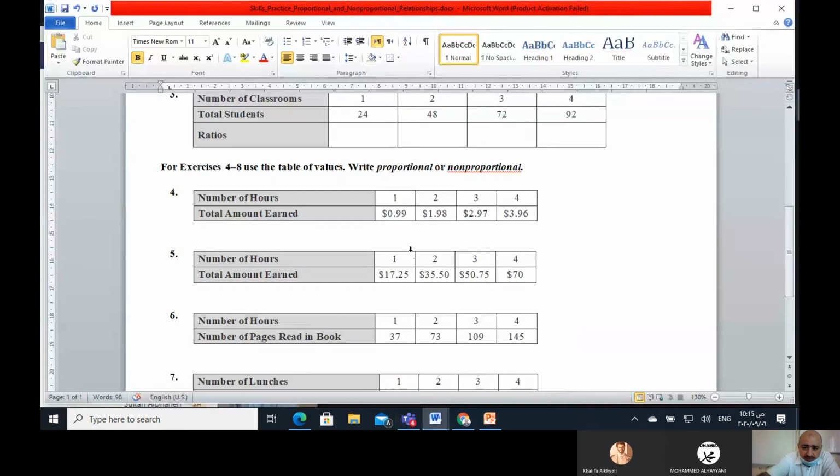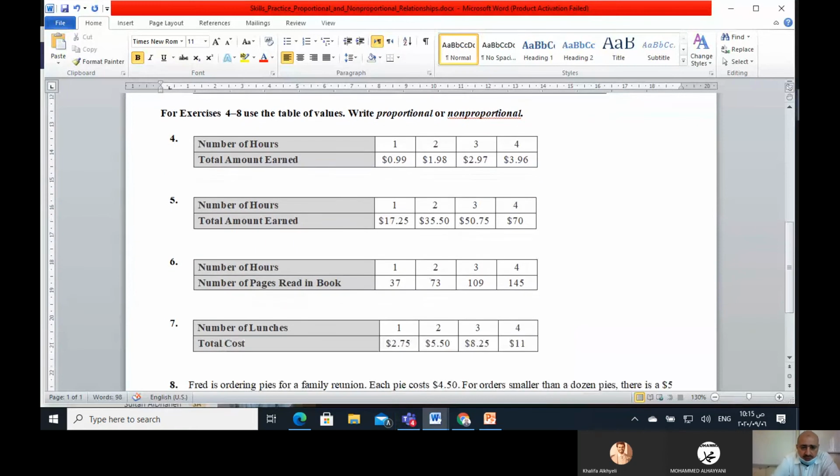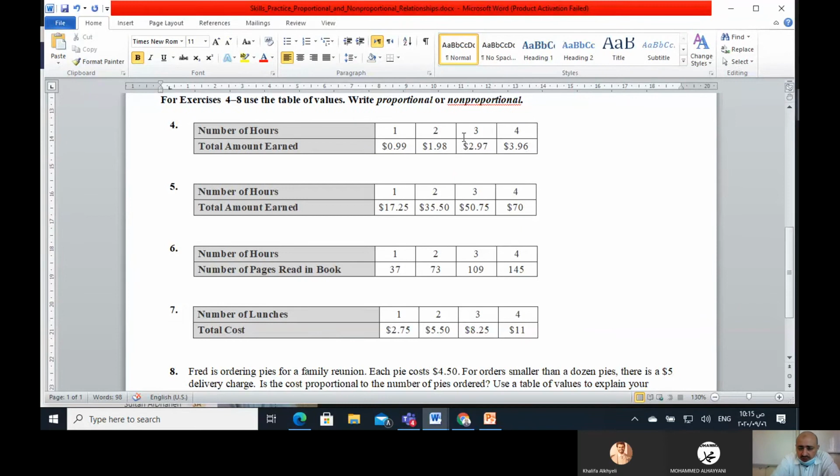The second example here. Look at this table, number 4, and tell me please, is it proportional or non-proportional?